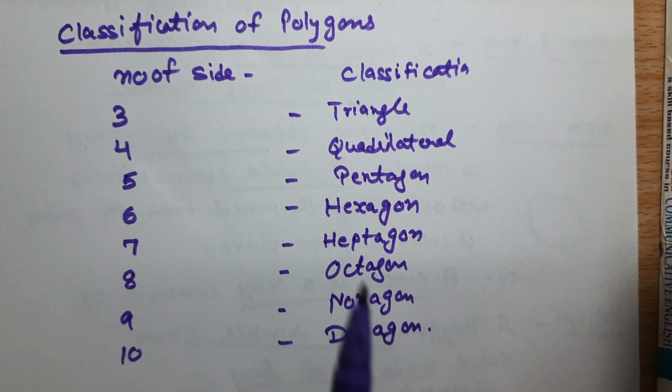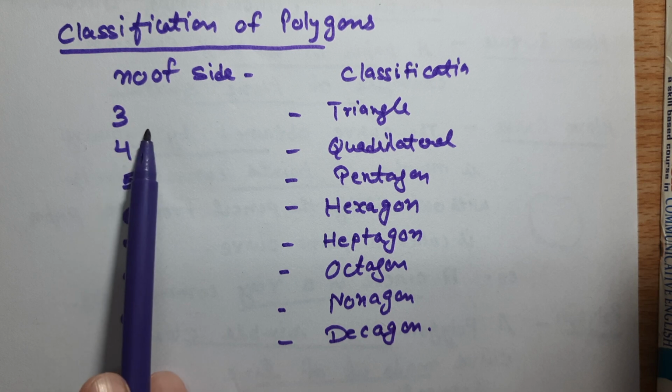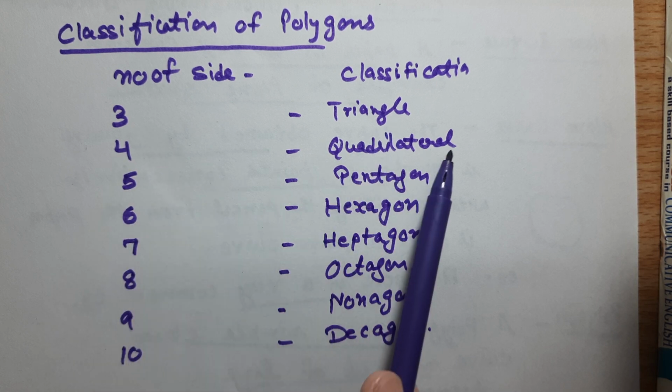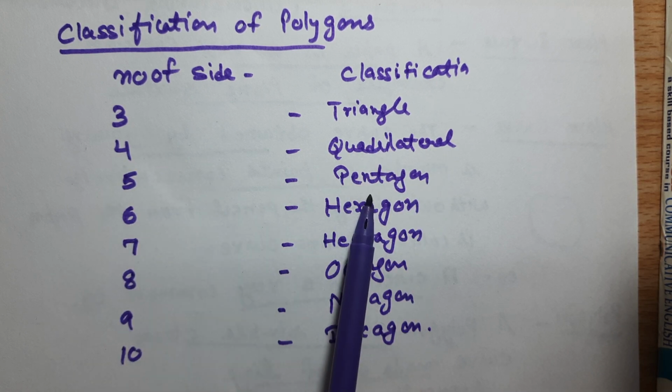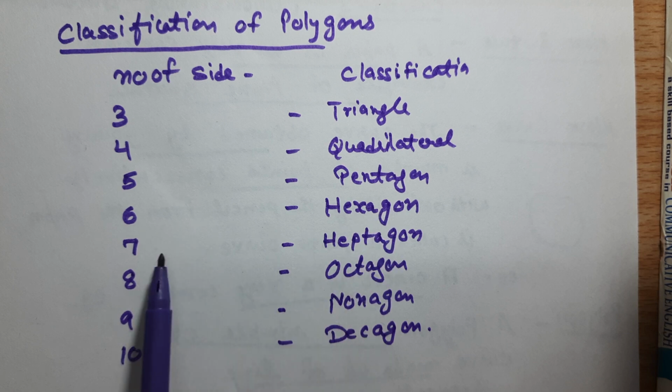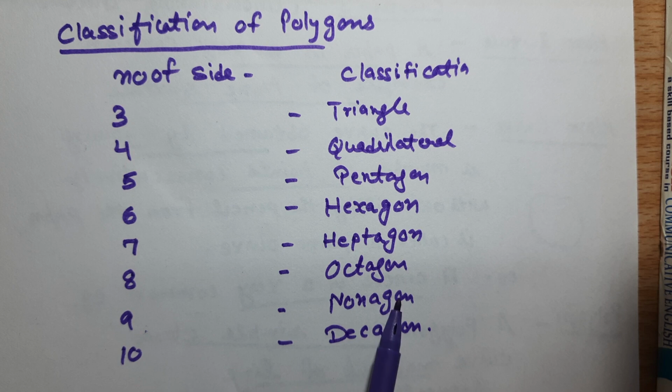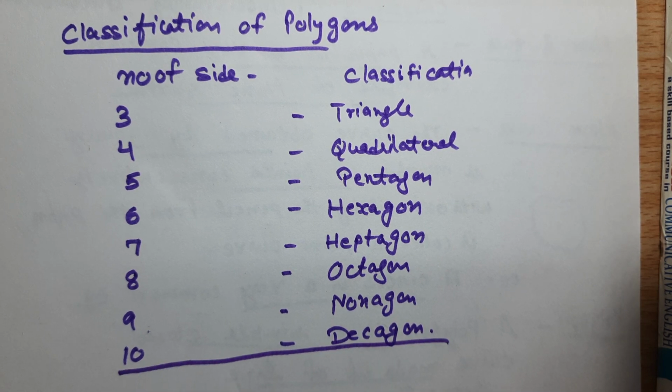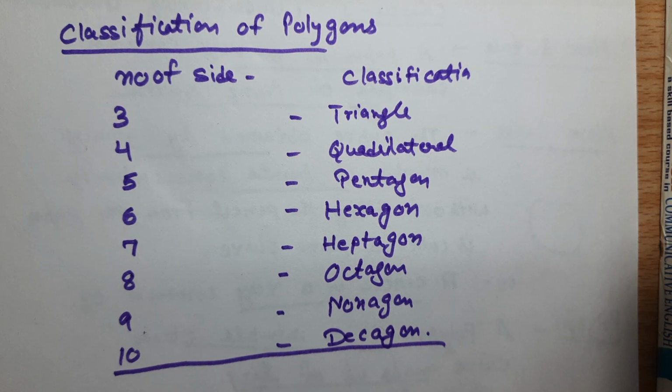So, classification on the basis of sides: 3 sides triangle, 4 sides quadrilateral, 5 sides pentagon, 6 sides hexagon, 7 sides heptagon, 8 sides octagon, 9 sides nonagon, and 10 sides we call a decagon. These are the classification of the polygons according to the sides.